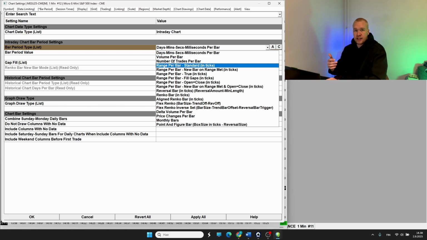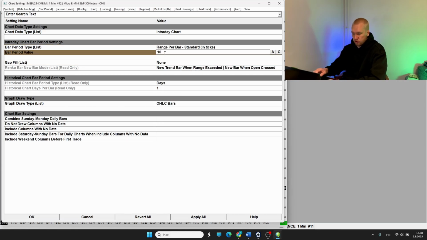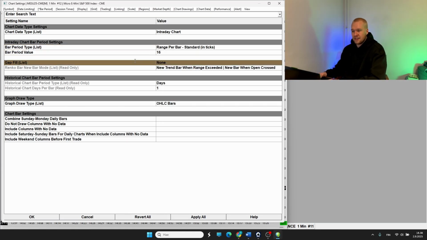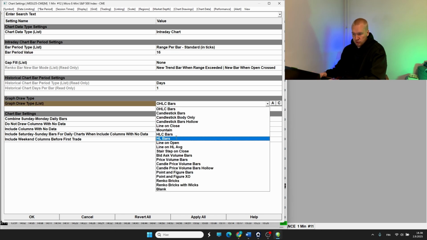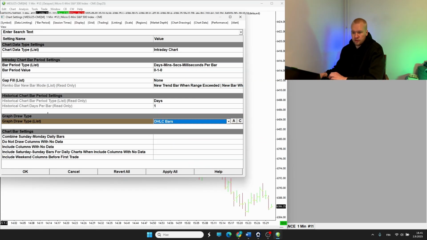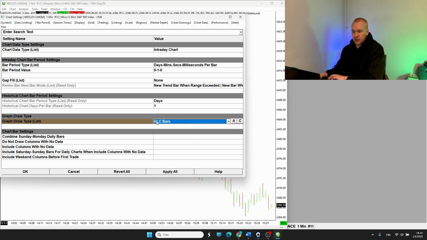Now, if you're not trading the same asset as me, you might have to figure out what is the best range or amount of volume. But I'm going to use, I think, 16. Let's try it with that. And we want to pick here. So the graph draw type here doesn't matter that much because we'll change it to something else later. But I'll put it as the HLC bars now.